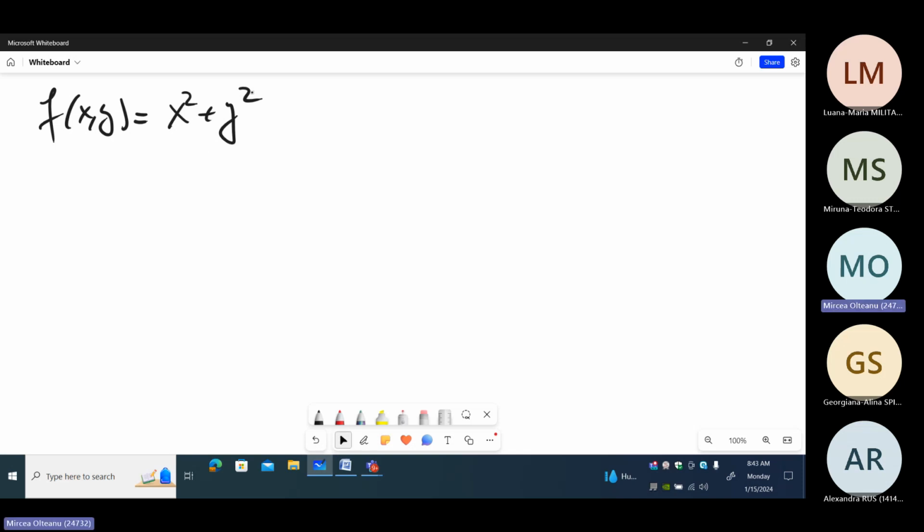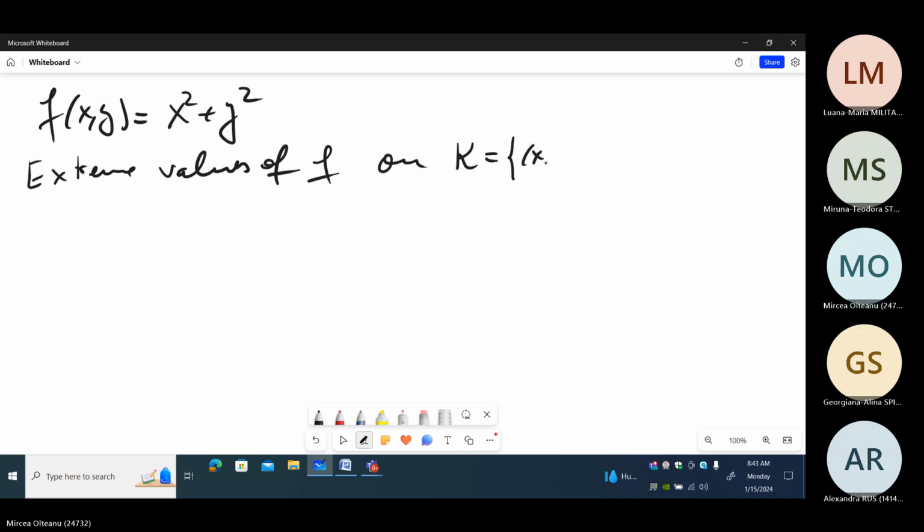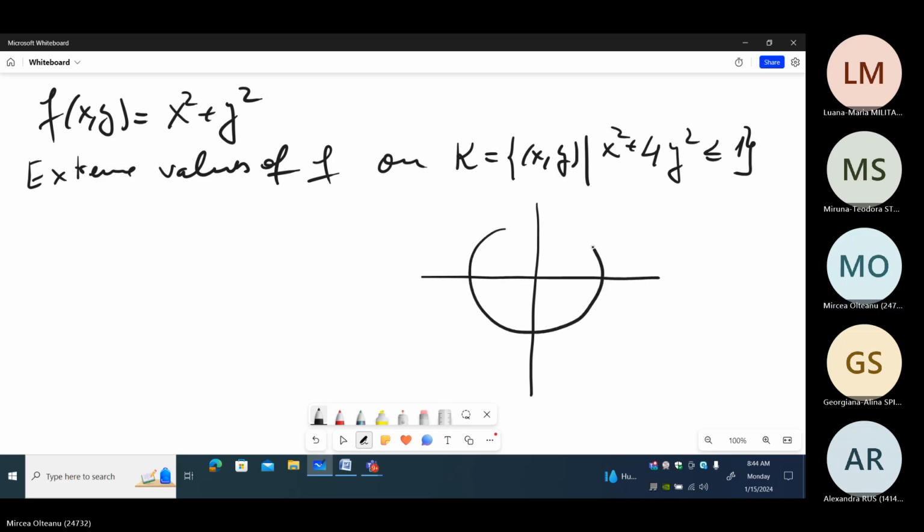And the question is to find the extreme values of the function f on the set K equals x squared plus 4y squared less or equal than 1. Okay, so we have the following problem.